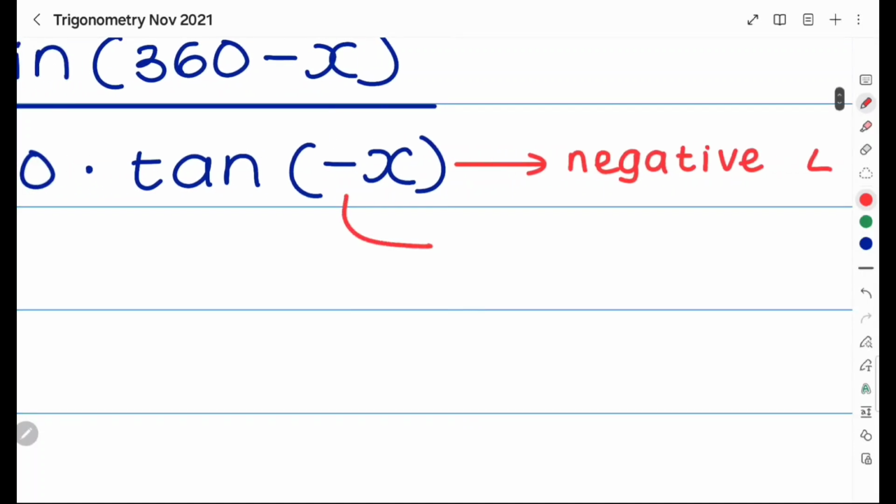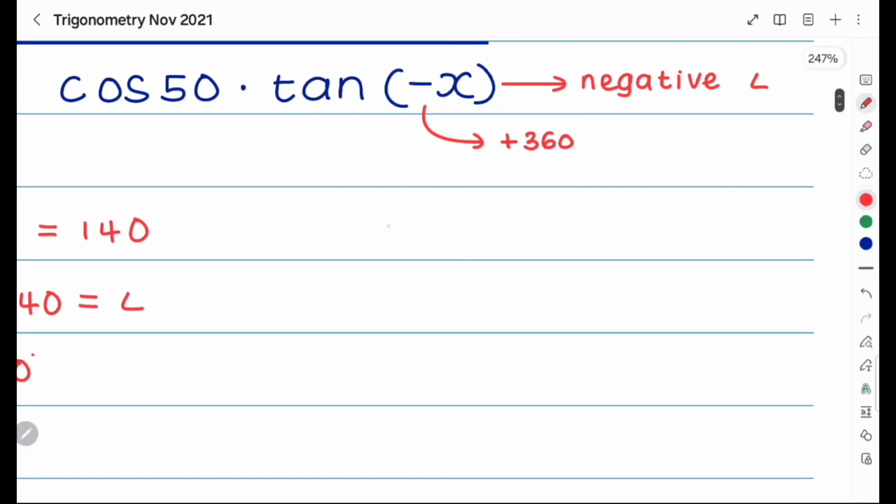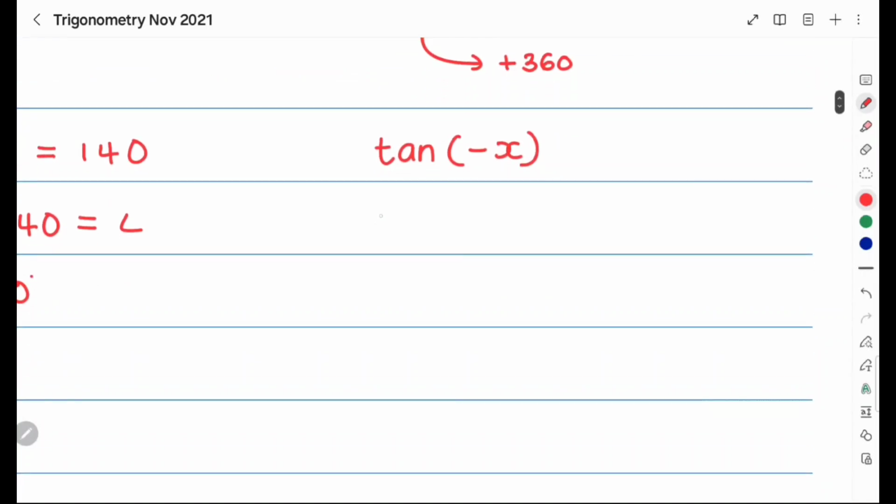So here, all we are going to do is plus 360 to turn it into a positive angle. So let's do that down here. So we have tan of negative x. When we plus 360, it is going to become tan of 360 minus x.